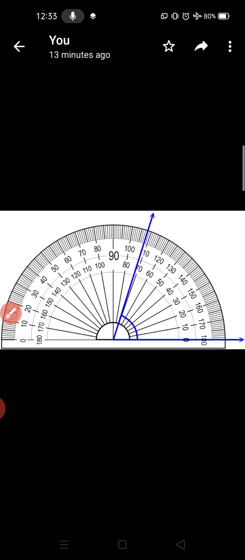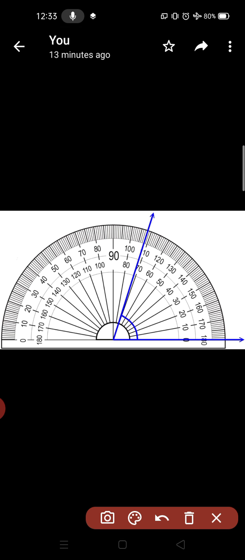Here, can you say what is the measure of the given angle? I am taking the name of the angle as COD. Can you say the measure of COD here? How much is it? By seeing the given figure, it is in the clockwise direction.